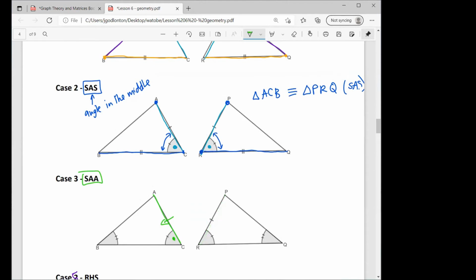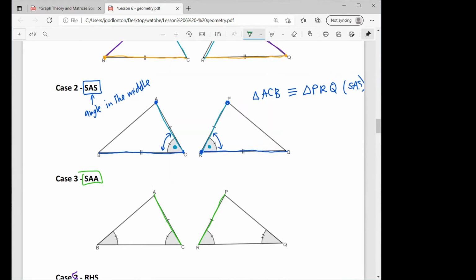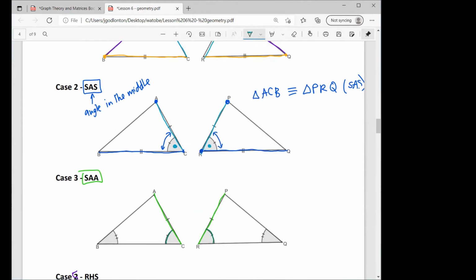Okay, so let me retrace this. We've got this side, which is equal to that side. And then we have our first corresponding angle, which is C and R, and our second corresponding angle, which is B and Q. And we know it's in the same place because it's opposite AC and this is opposite PR. So they're in the same place as each other.